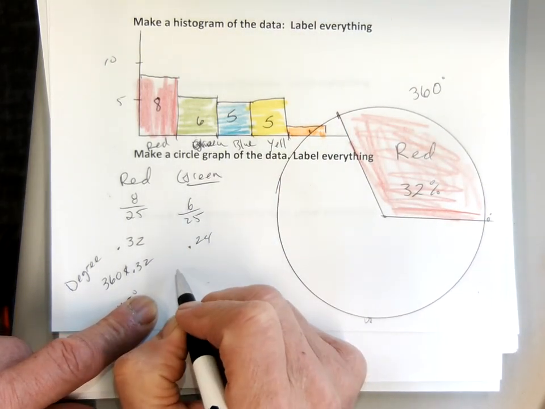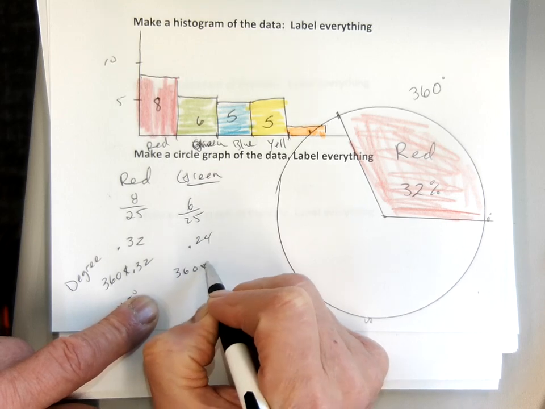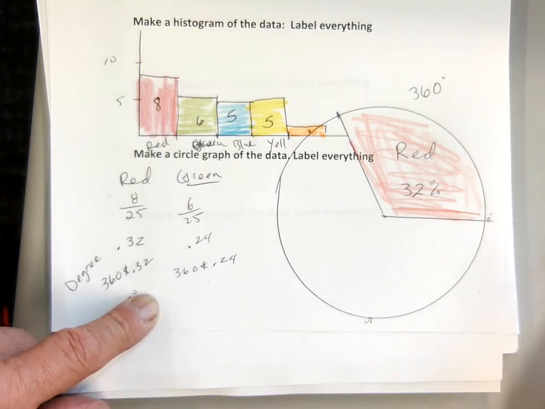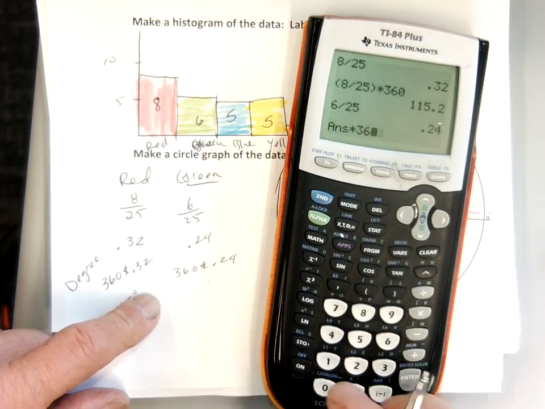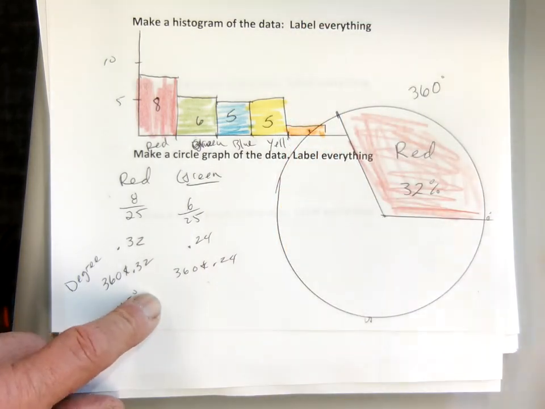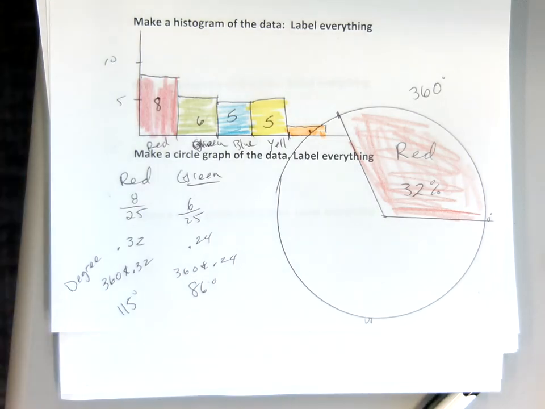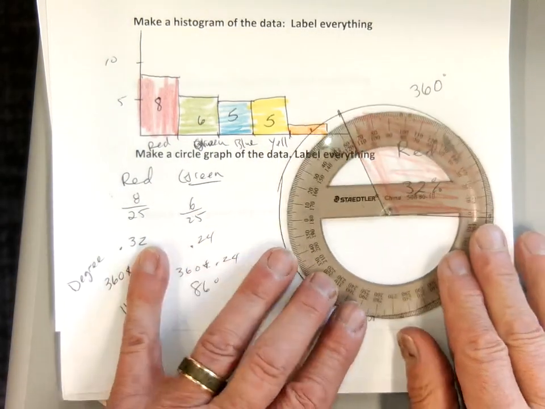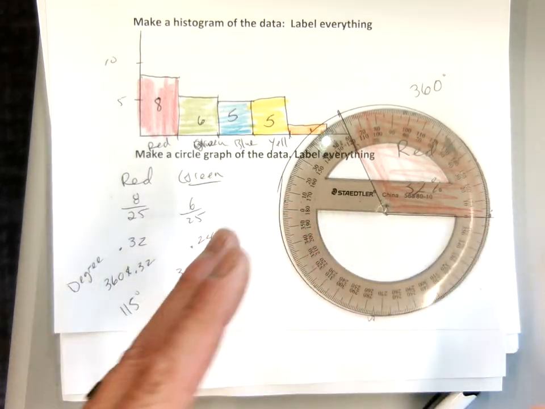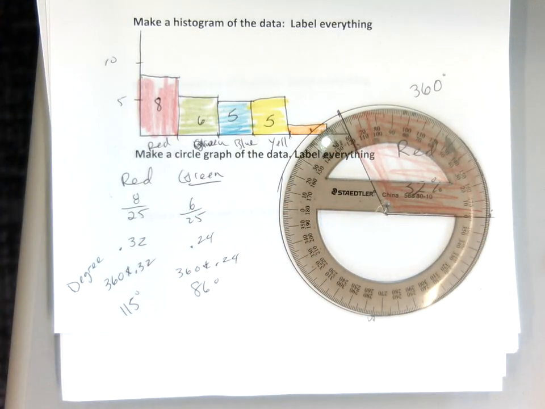If I multiply that times 360, I get an answer of 86.4, or about 86 degrees. Now, watch. Let me do it wrong. This is so wrong, it's unbelievable. I've already measured this angle. This is wrong. I mean, 84 degrees? No. I've already done this angle.